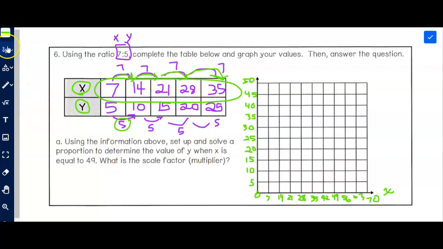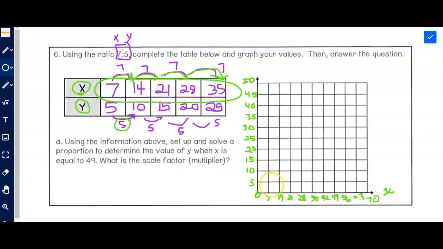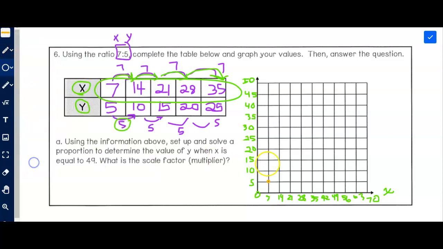Okay, so let's plot the graph. I'm going to get my circle tool out and we'll plot some points for this graph. I'm going to start with 7 and 5 right here, and then our next one is 14 and 10.